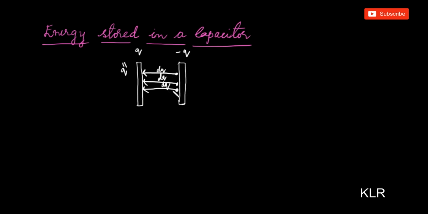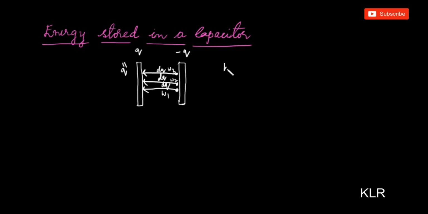Now the work done in bringing this one, let us say this is w1, the work done here is w2, the work done in bringing this charge is w3. So I have to add all this work done. The total potential energy which it has got is equal to the total work done by me.